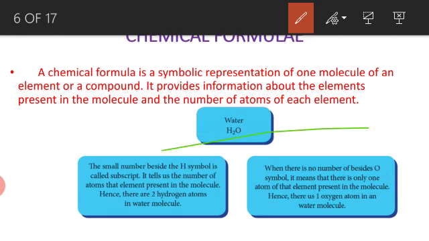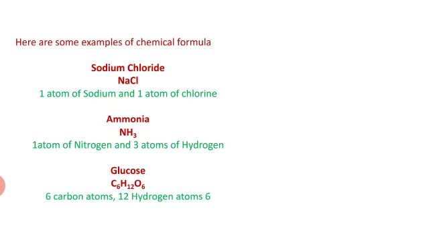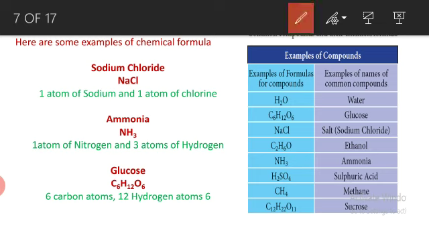Right. Next, you see here some examples of chemical formula. Sodium chloride means 1 atom of sodium and 1 atom of chlorine. NaCl means sodium chloride. How many atoms here? 1 atom of sodium. Na means sodium. Cl means chlorine.